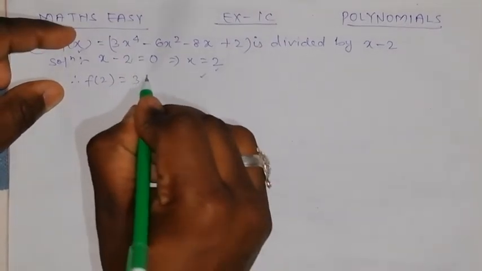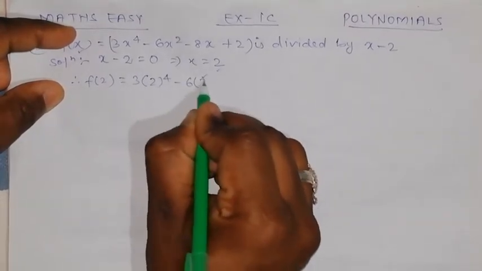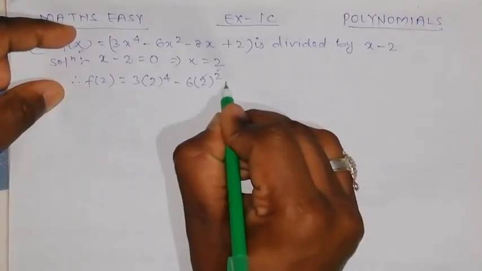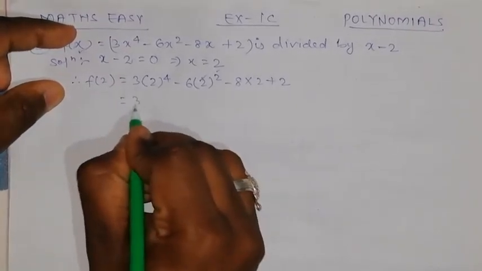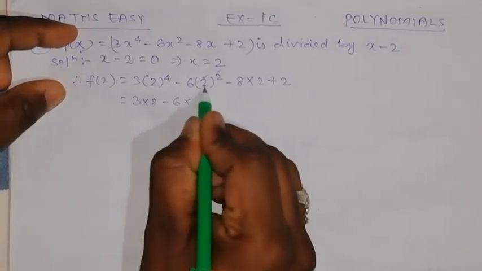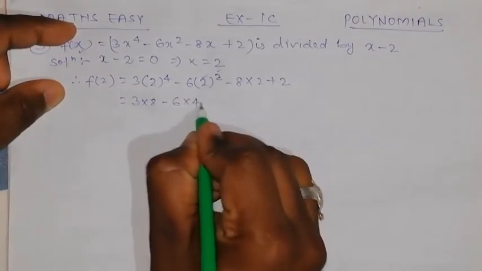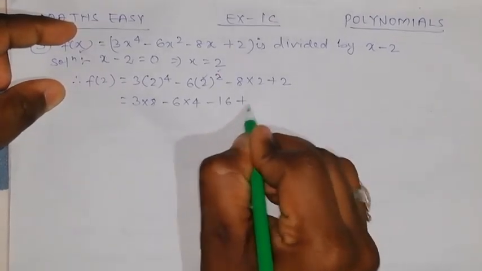Okay friends, then f(2) is equal to 3 into 2 to the power 4 minus 6 into 2 square minus 8 into 2 plus 2, that is equal to 3 into 2 to the power 4 is 16, minus 6 into 2 to the power 2 is 4, minus 8 into 2 is 16, plus 2.